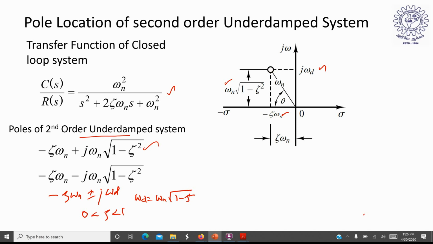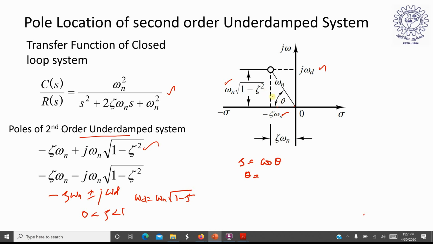From this, how are we going to find the behavior of the system? From the real part and imaginary part, we can easily find the damping ratio of the system. Zeta is cos theta, where theta is the angle of the vector joining the pole location to the origin, with respect to the negative real axis. This theta can be obtained easily.